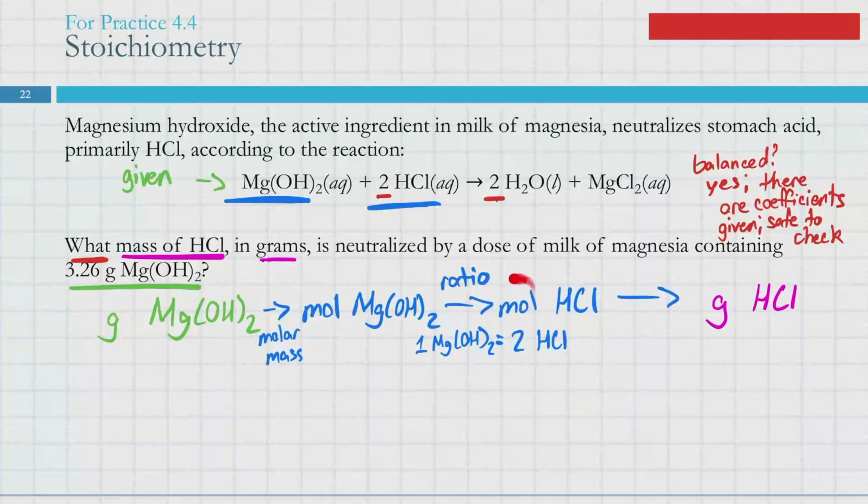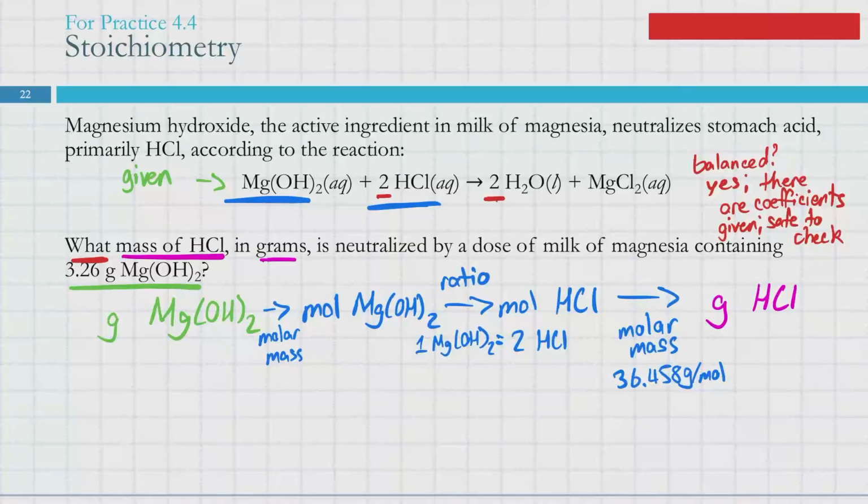And then we need to convert from moles to grams. What are we going to use for that? Also molar mass, for HCl, which should be 36.458.